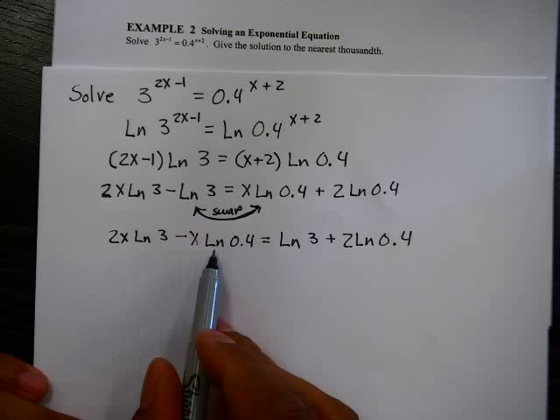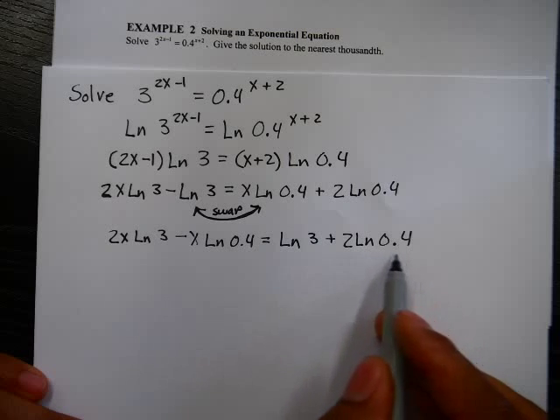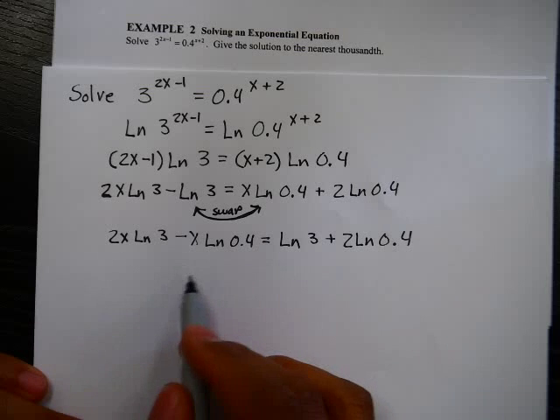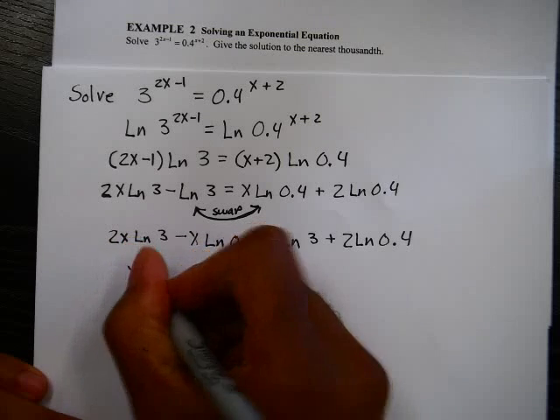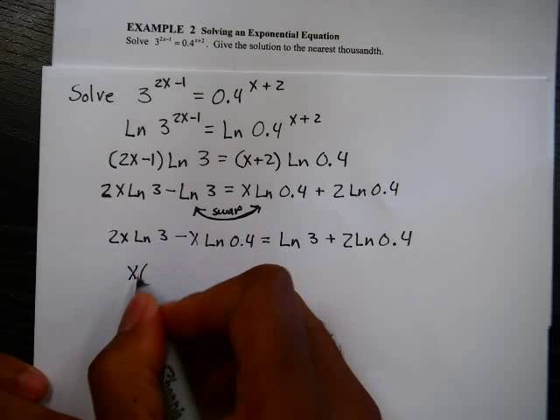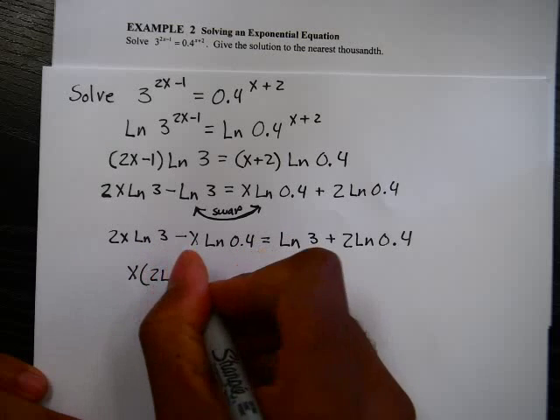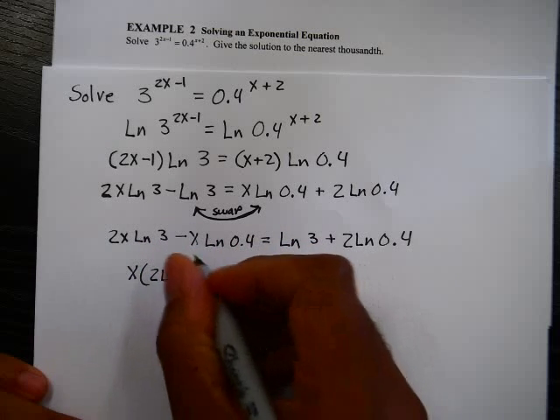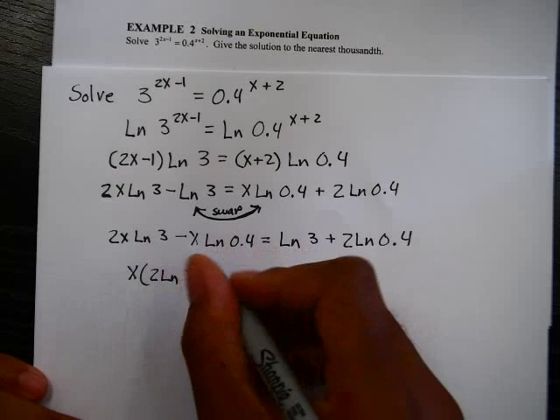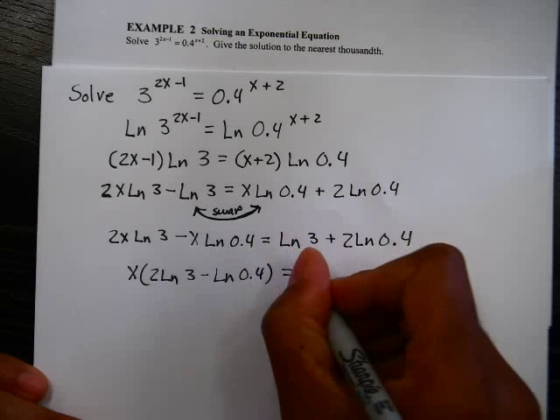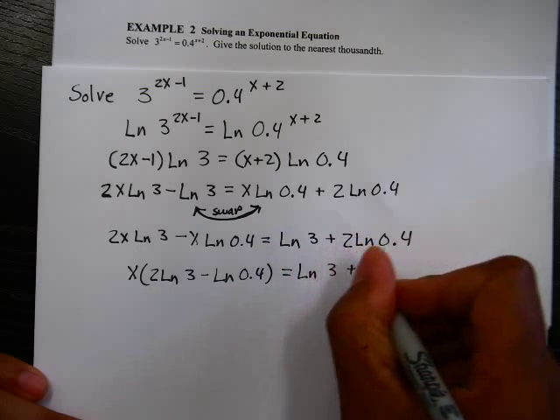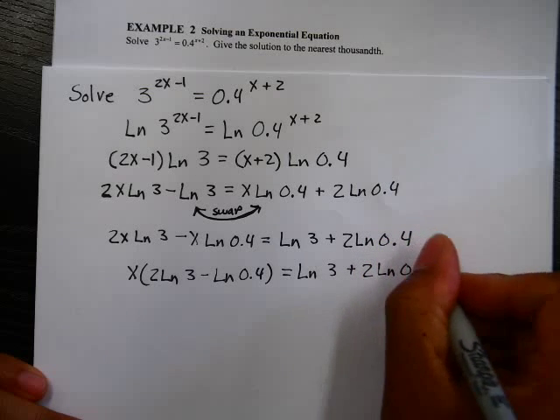Now, all of my x terms are on the left side. Every term that does not have an x in it is on the right side. So now what I can do on the left side is factor out an x. If I factor out an x, that would be x times 2 ln of 3 minus ln of 0.4 equals the ln of 3 plus 2 ln of 0.4.